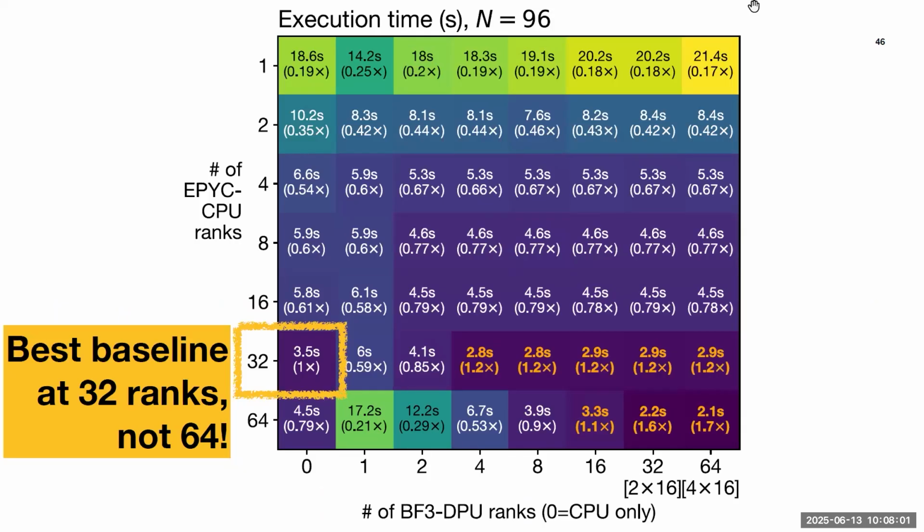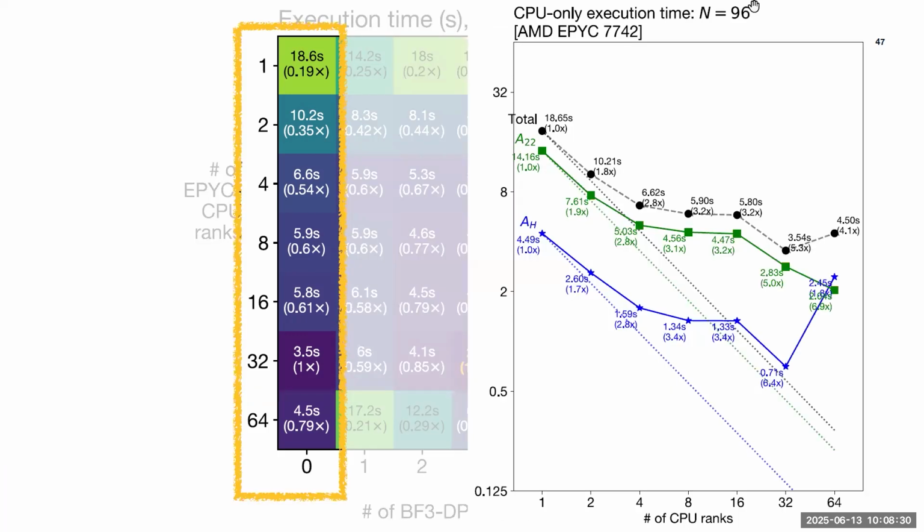All right, so the difference between Bluefield 2 and Bluefield 3 is that the clock frequency is similar, but the memory bandwidth is much better, and it has 16 better ARM A78 cores. Going back, this is I believe the EPYC CPU, and we see here that the best runtime for the CPU-only baseline is when we have 32 cores rather than 64 cores.